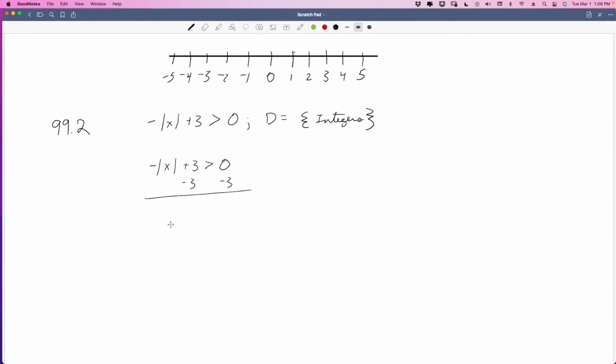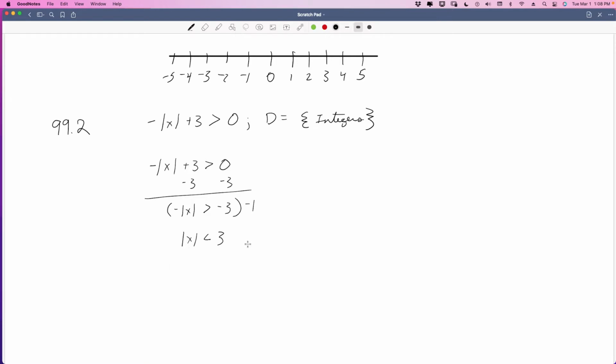So that tells us that the negative absolute value of x is greater than negative 3. We don't want to have a negative absolute value of x. We want to just have the absolute value of x. So we multiply everything by negative 1. So the absolute value of x is less than a positive 3.